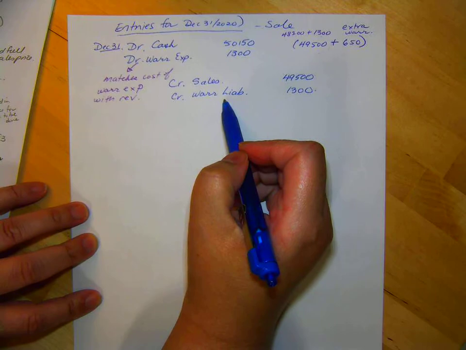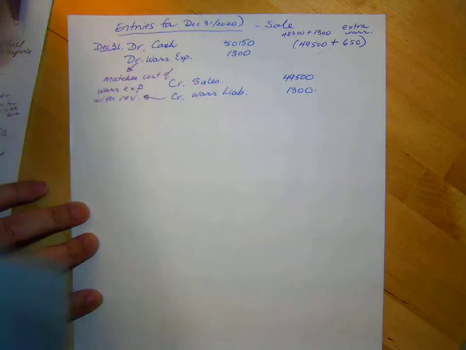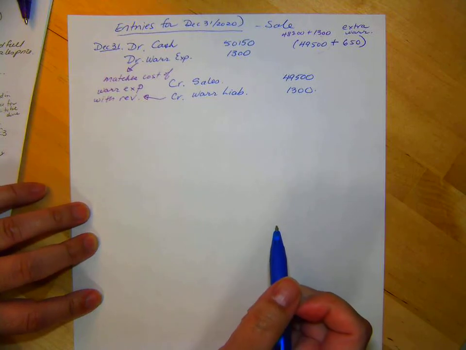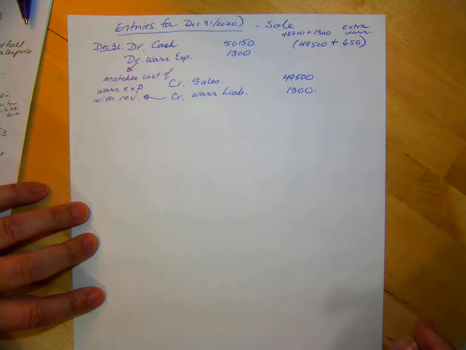Okay, so this takes care of our warranty, but it's still not balanced. We're missing $650. Well, have we received that money? Yep. It's up here. Have we earned it yet? When's it going to take place? When are we going to be earning that? Well, it was for 2022 and 2023.